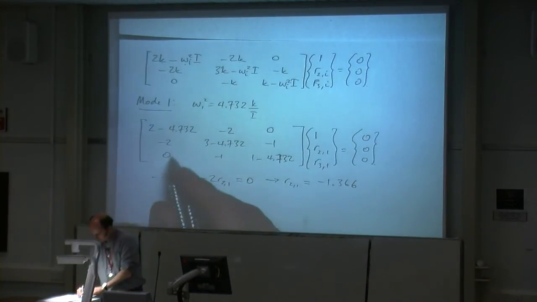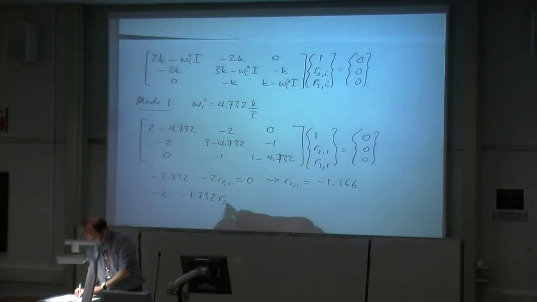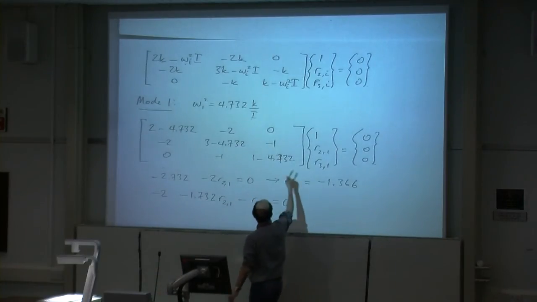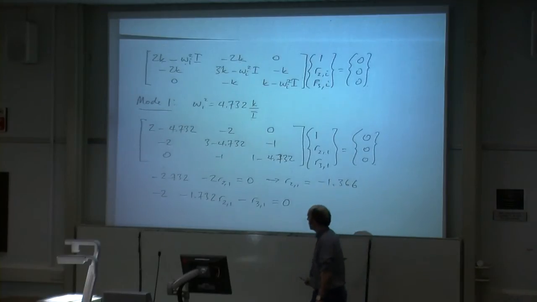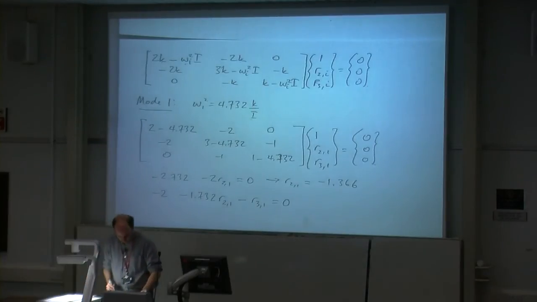Then we'll take the second line for the second equation: minus 2, minus 1.732 times R2,1, minus R3,1 equals 0. You could have taken the third line, and that would give you the same answer. It doesn't really matter, because you've got 3 equations but only 2 unknowns, so it doesn't matter which one you use.